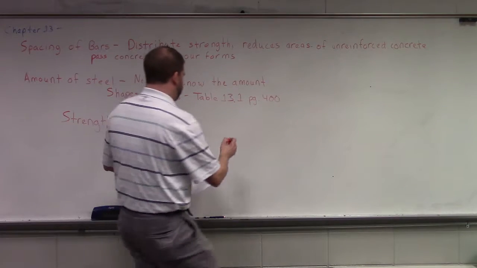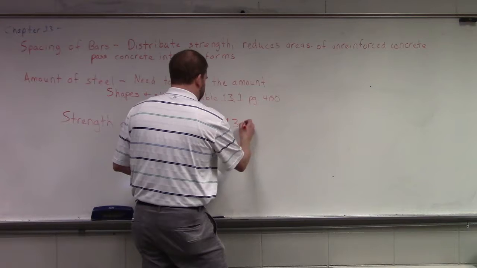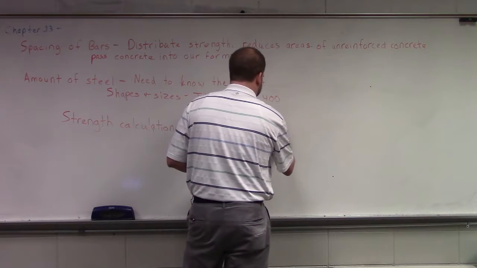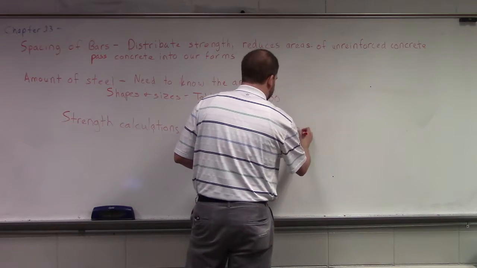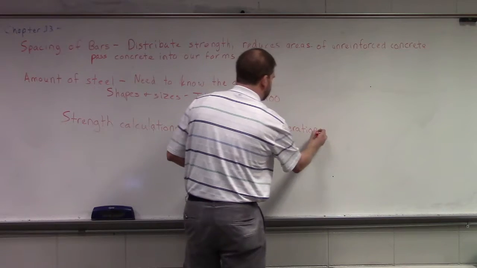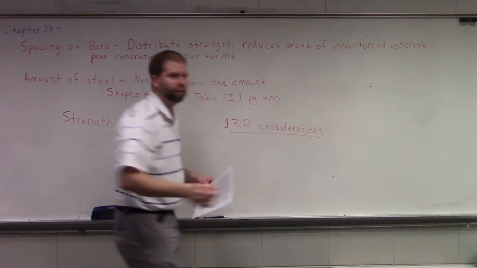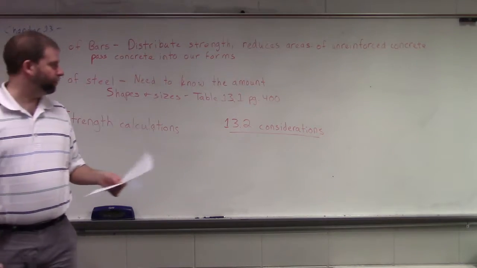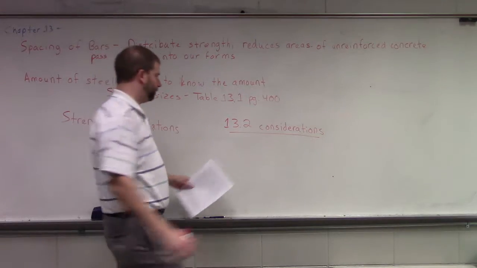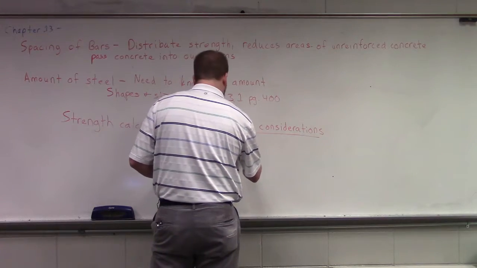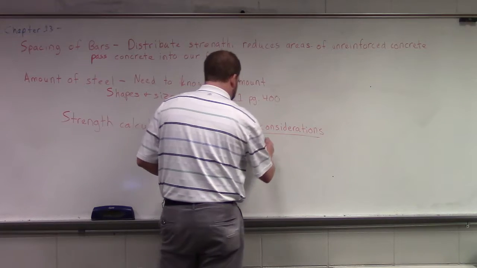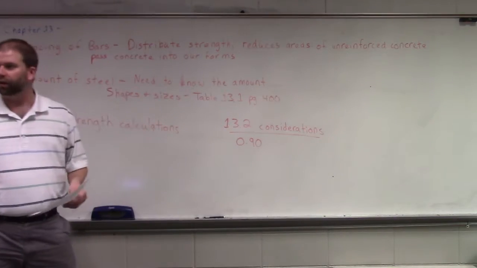And 13.2 gives you those considerations. So you just need to be mindful of what type of problem is being asked, and which type of reduction you're going to use. The major one for us is 0.90.